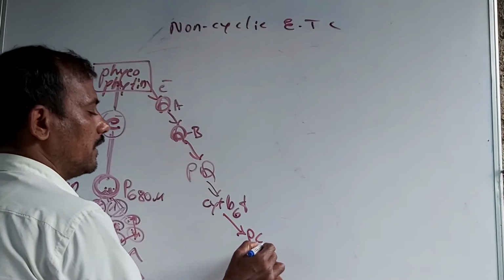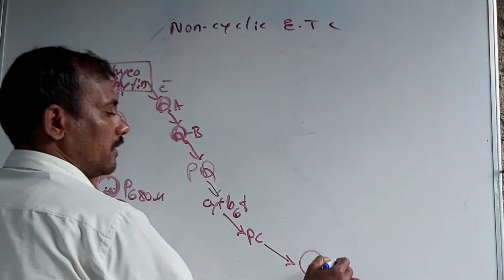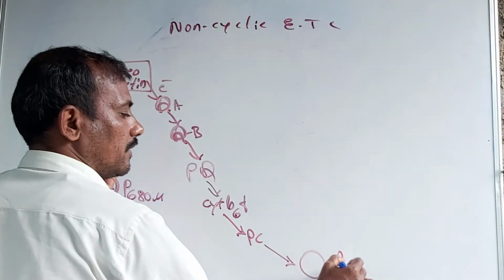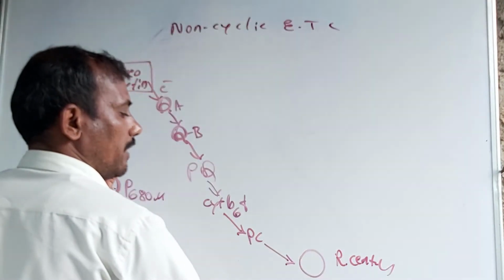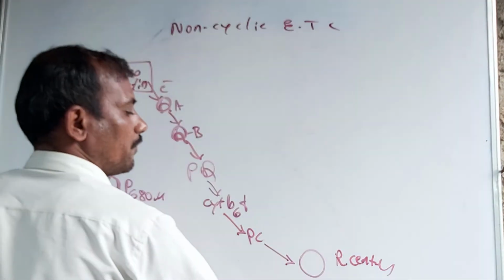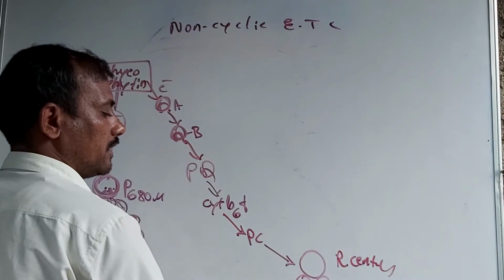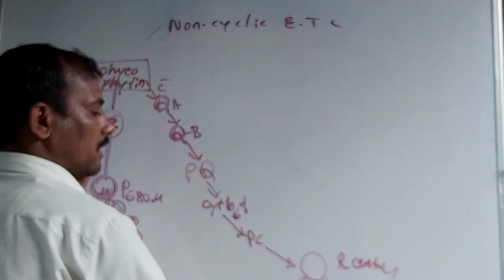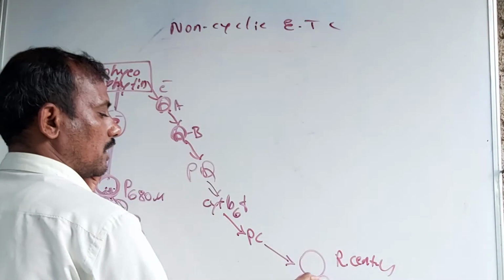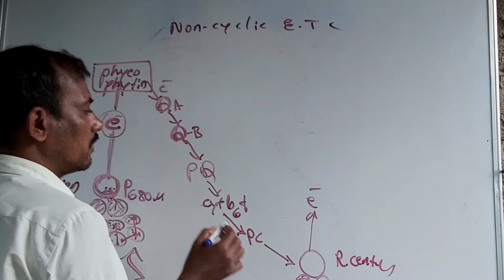From the plastocyanin, again to the reaction center of pigment system 2, with a number of accessory pigments. The sunlight also reaches the reaction center, and again it expels one electron.